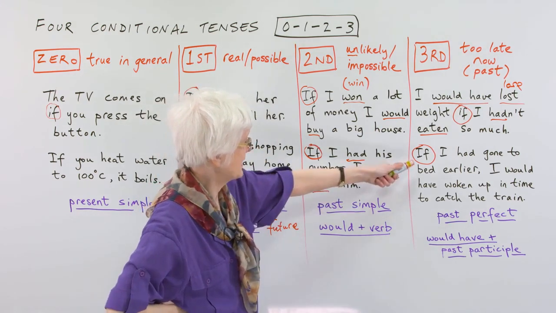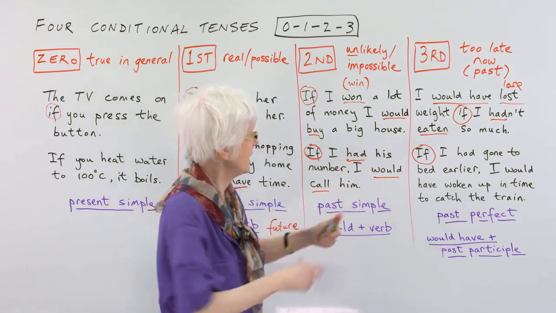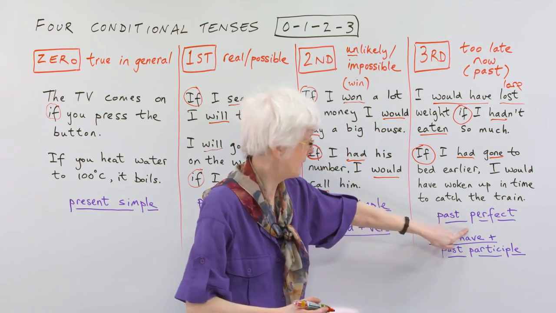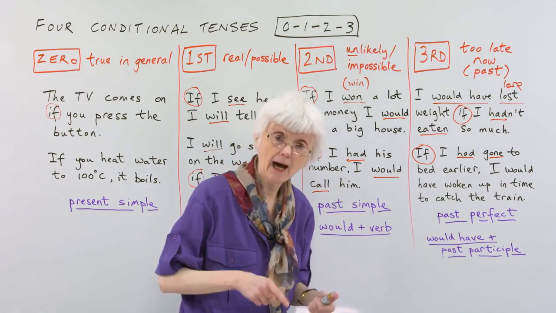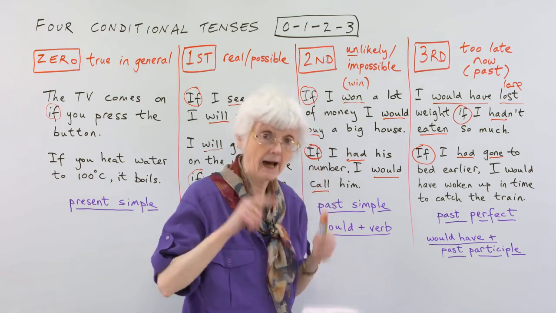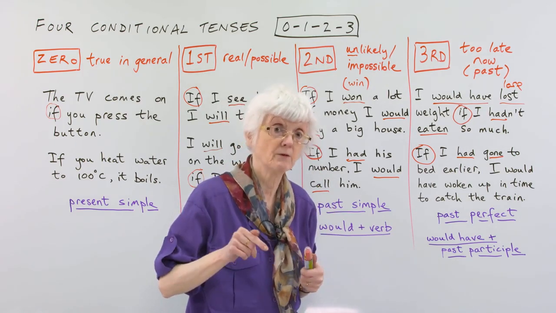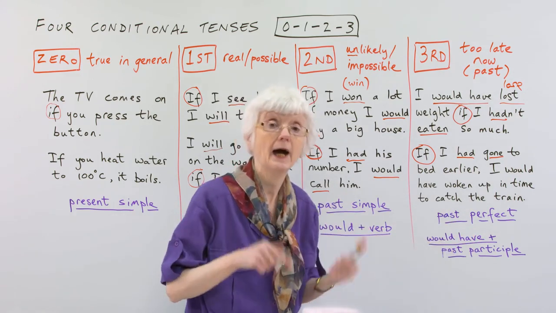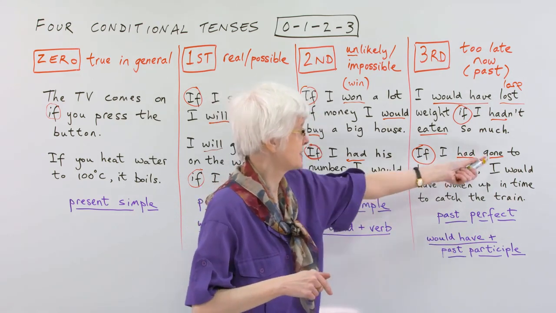Right, and then the second example, if I had gone, past perfect. If you say I have gone, that's the present perfect. If you have the past perfect, it's had gone.